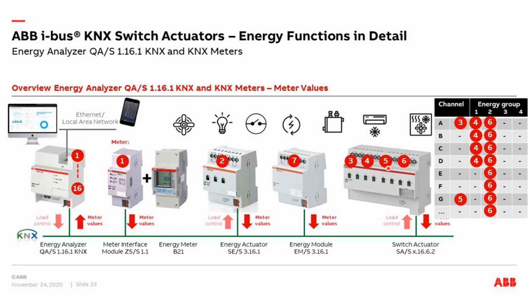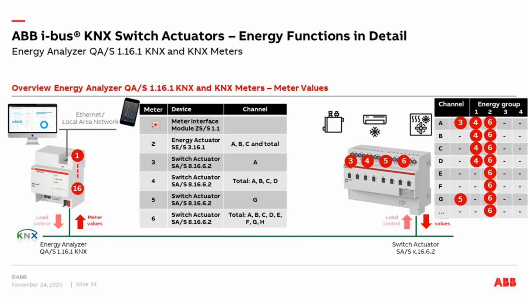My meter number 5 in my energy analyzer is, for example, my output number G, and my meter number 6 is my complete device. So I create another energy group, number 2, which consists of A, B, C, D, E, F, G, H. This is then the complete energy of my 8-fold switch actuator, like I have it here.